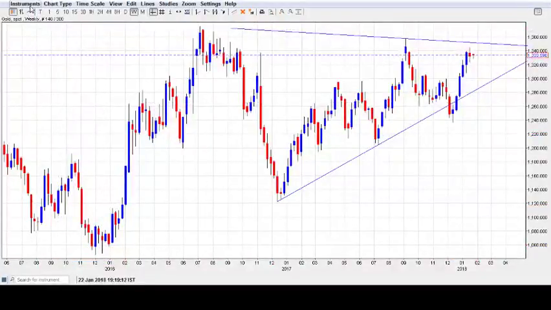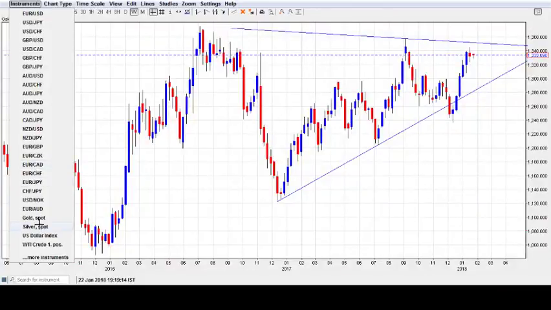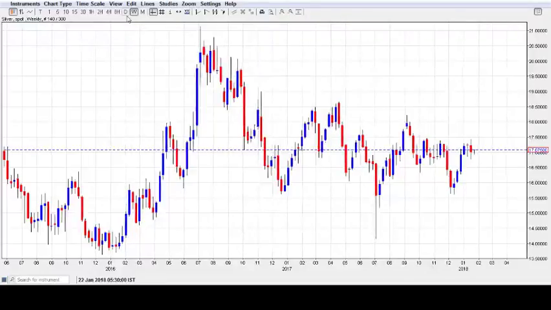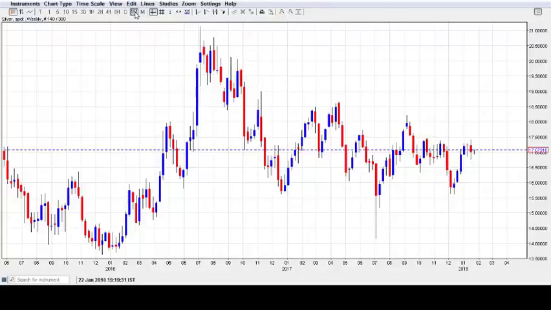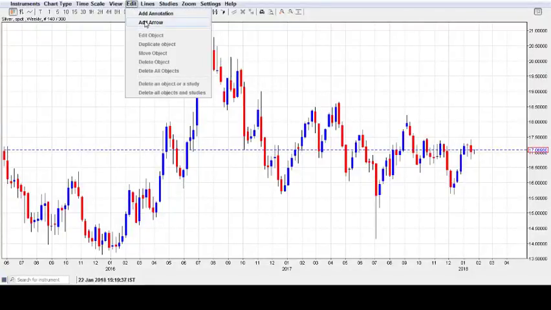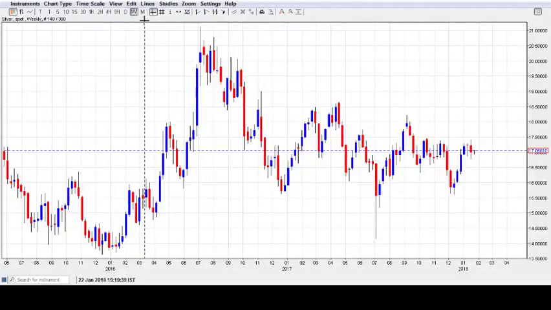Moving on, the next chart now, silver. Almost the same kind of wave count, but the boundaries are different.